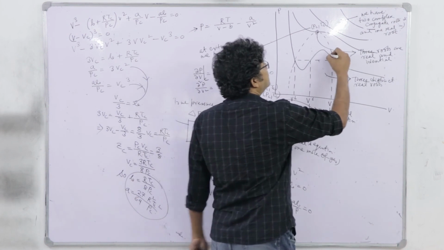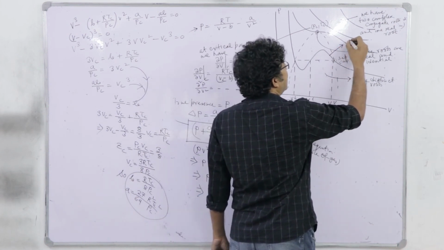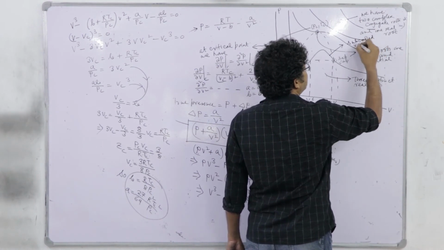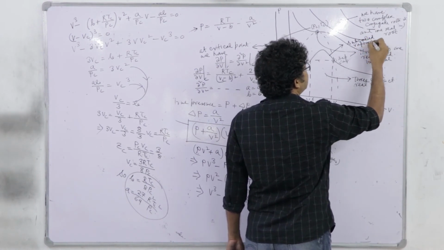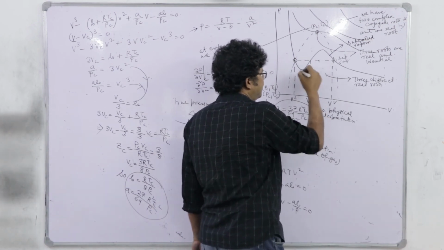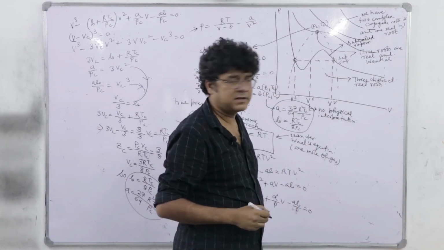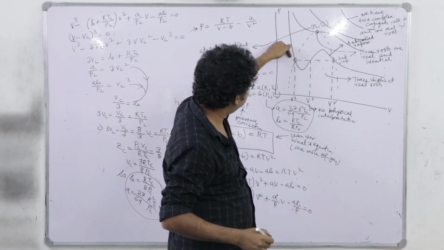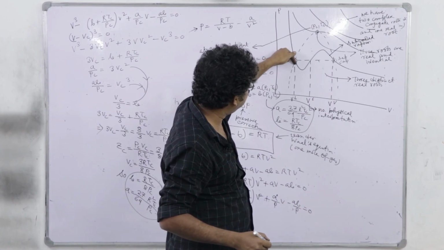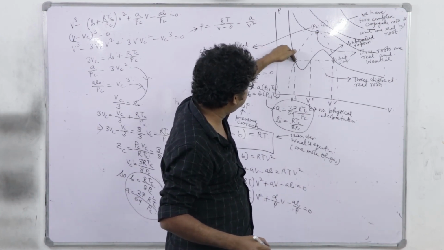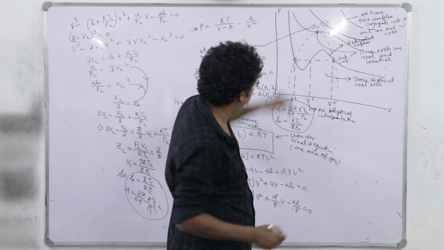So, we call this region subcooled vapor. And from the liquid state, if we go on reducing the pressure, we see that there is no phase change. Reducing the pressure below this saturation pressure, still there is no phase change.